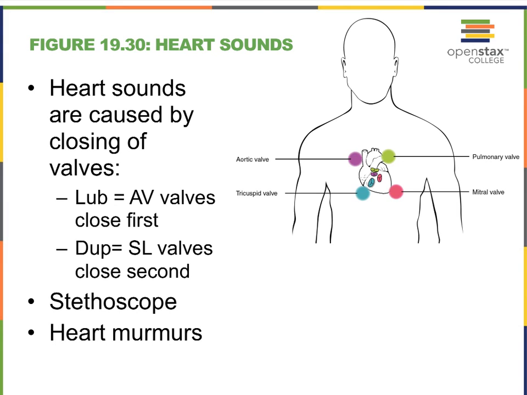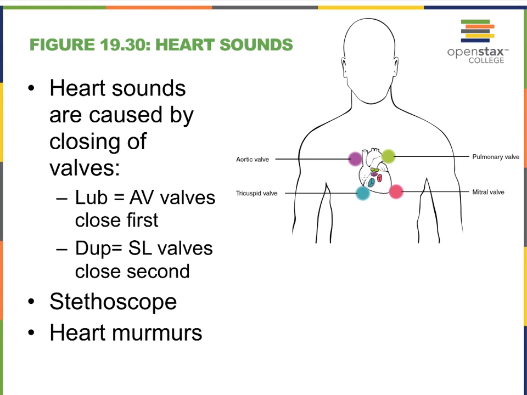When the heart contracts, we can actually distinguish between the closing of the AV valves and the semilunar valves. They both create slightly different sounds and at different times. In layman's terms, we refer to them as the lub and the dub sound. The first sound, the lub, is the closing of the AV valves, while the dub is the closing of the semilunar valves.